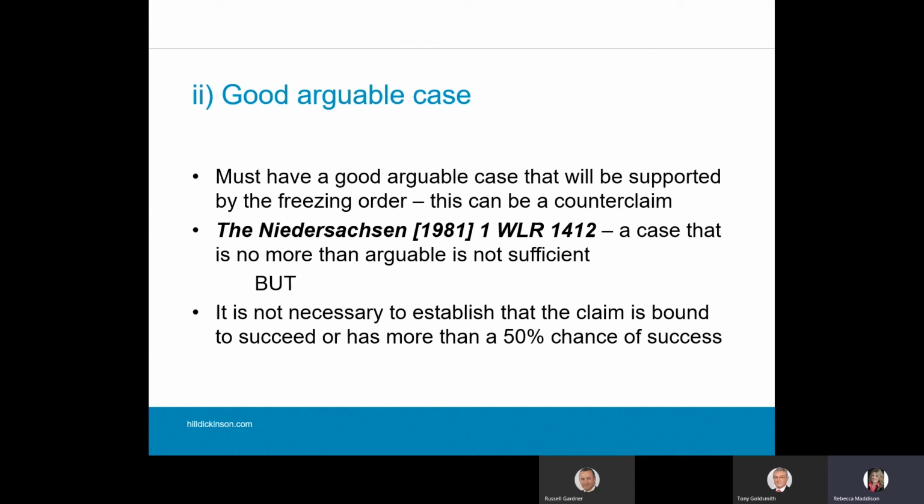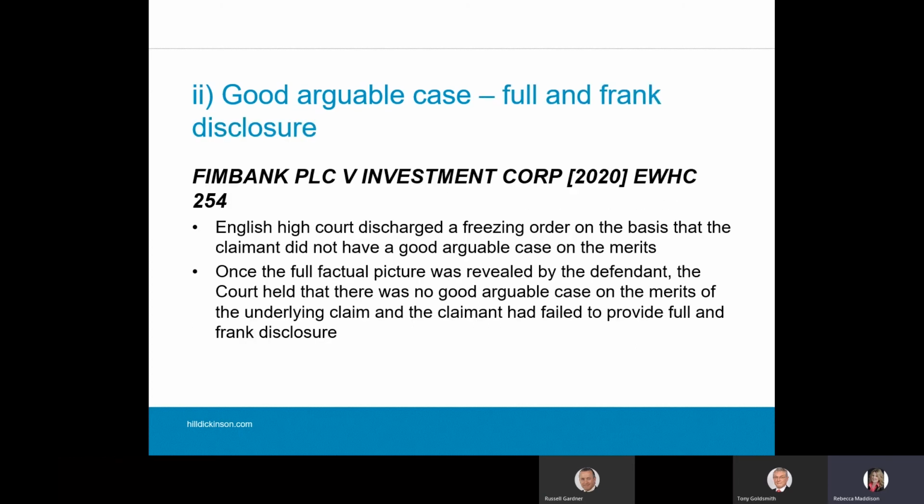In the case of the Niedersachsen, the court considered that a case that is no more than arguable is not sufficient to be considered a good arguable case. But it is not necessary to establish that the claim is bound to succeed or has more than a 50% chance of success.